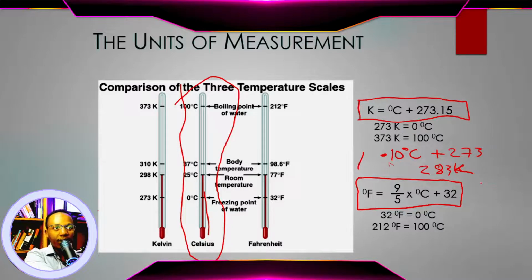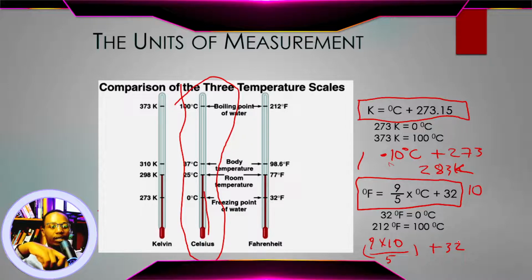So if I tell you 10 degrees Celsius, Fahrenheit is going to be equal to 9 times 10/5 and all of this plus 32, right?